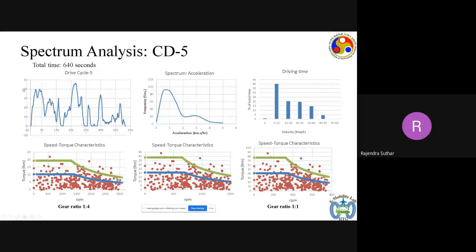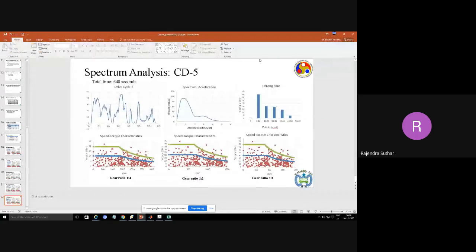So we made a total of 5 drive cycle data sets, and now what will we do after this drive cycle data, which is the next part here.